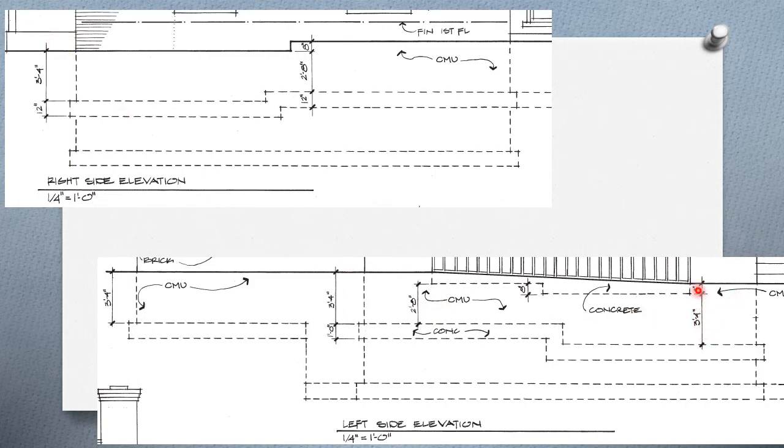So my 3 foot 4 inches now is measured 8 inches below, which makes this distance from this point to the top of the footer here only 24 inches or 2 feet. Since this is already 40 inches, that makes this step 16. So even though both the right side and the left side elevations look to be the same, they are in fact different.